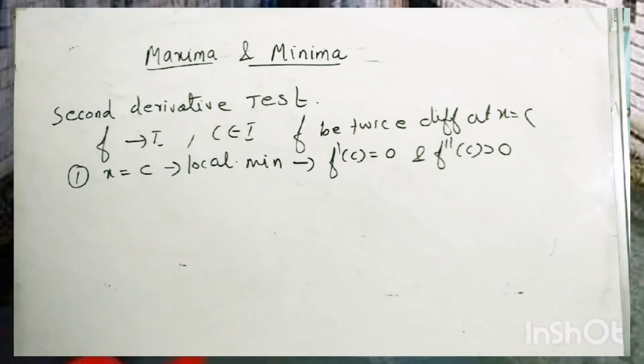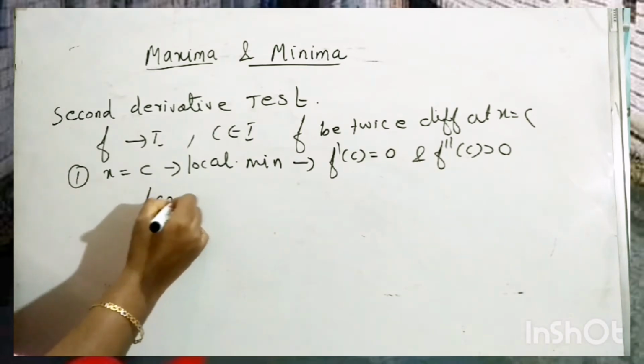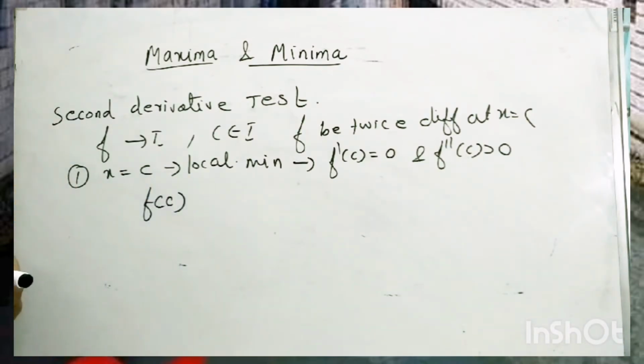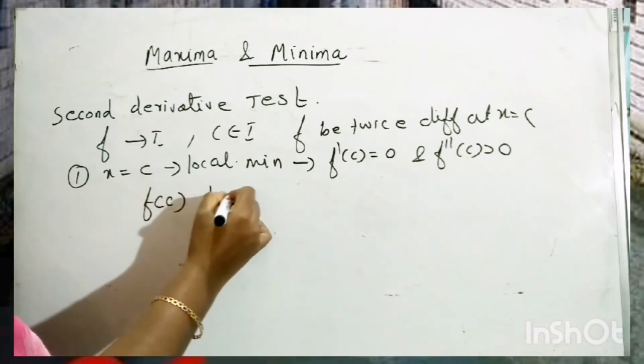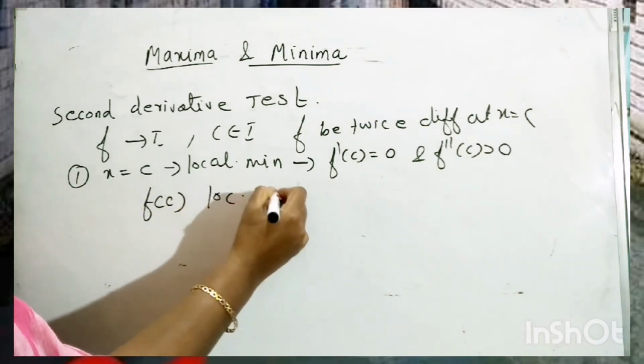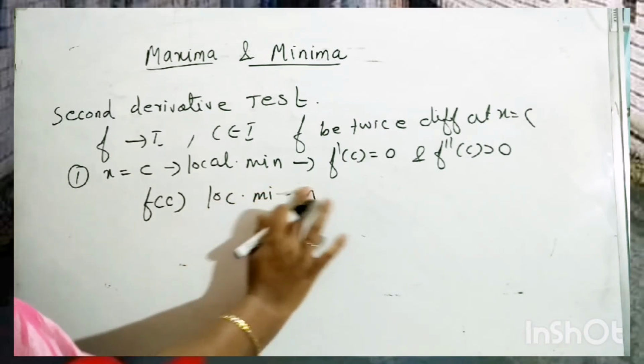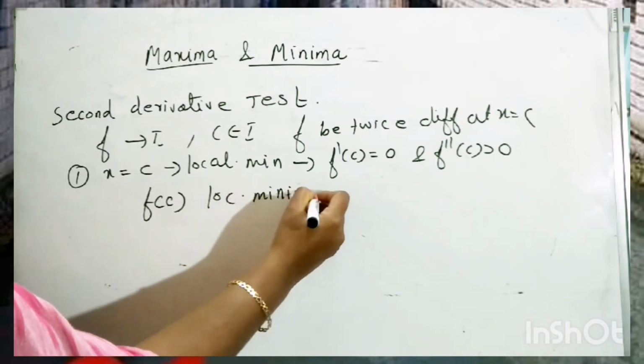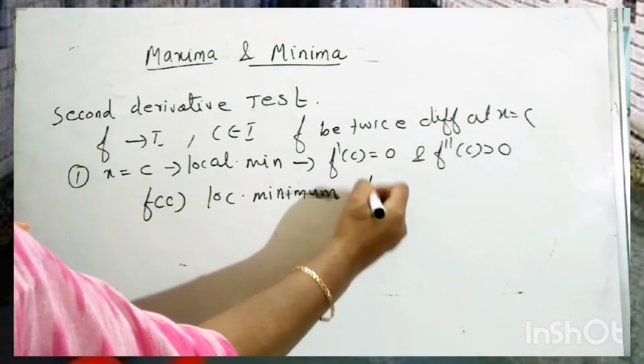In this case, f of c is the local minimum value of f.